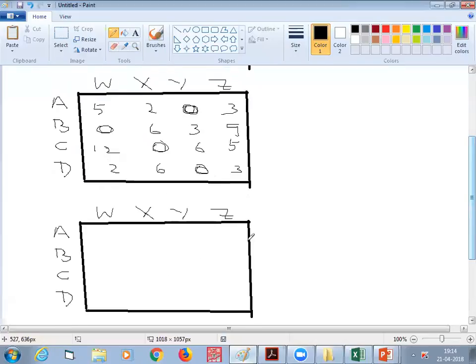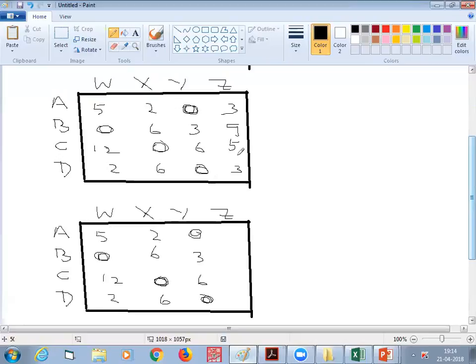Now we do the same thing with columns. Your first column already has 0, so no change: 5, 0, 12, and 2. This also has no change: 2, 6, 0, 6. Then 0, 3, 6, and 0.